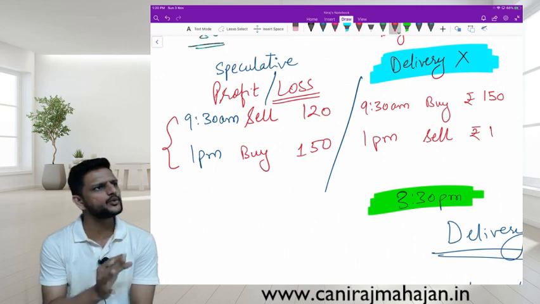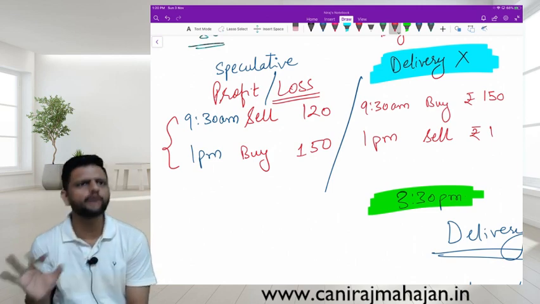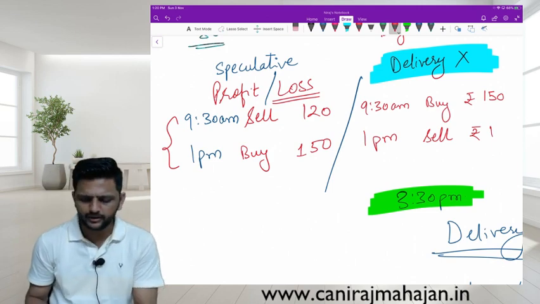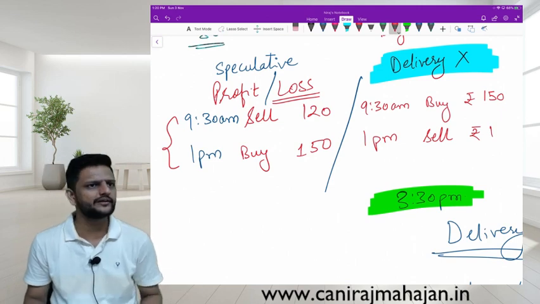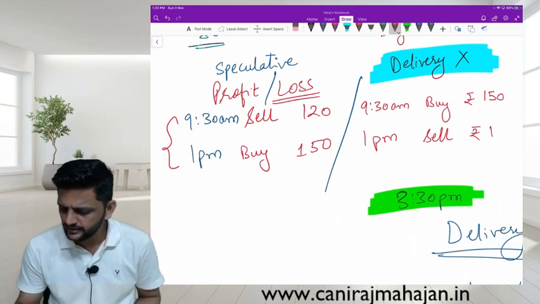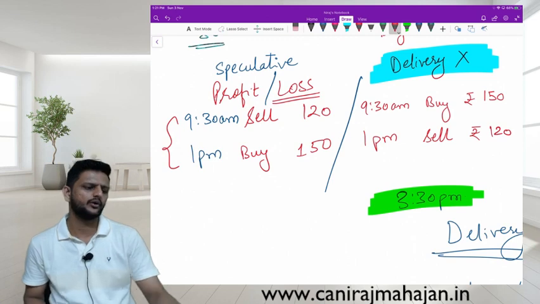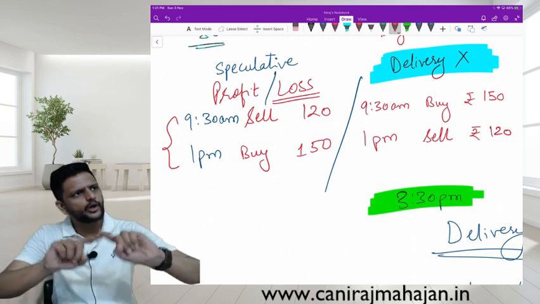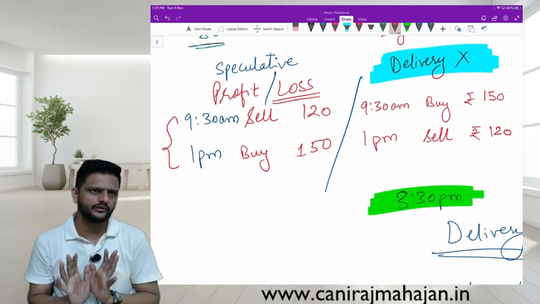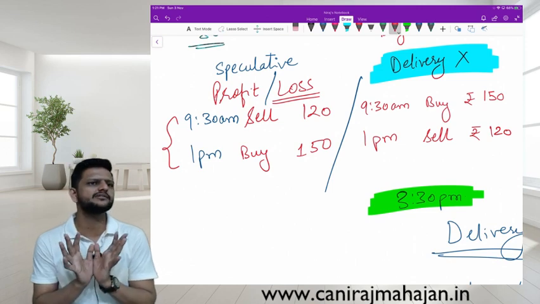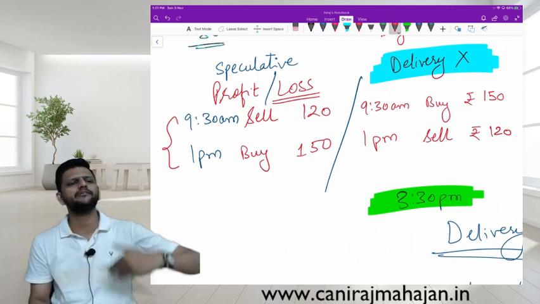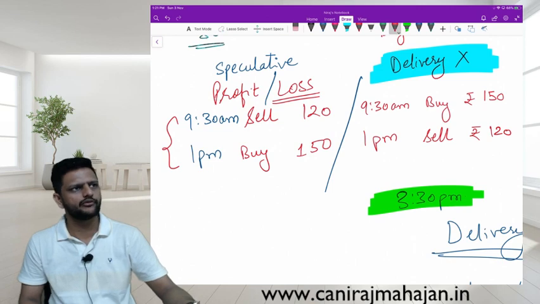There was very bad news in the market, something which he had not predicted. Trump declared something on Twitter, and the market crashed. He had to sell it at 120. This is the opposite of the speculation you were making. In both these cases, what will happen is losses. Whatever you predicted is exactly the opposite of what happened.